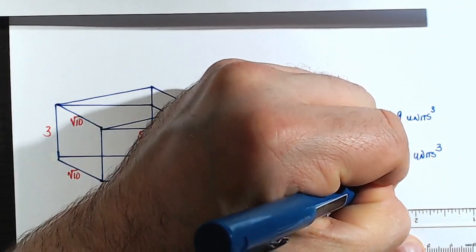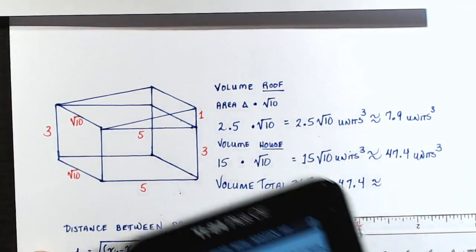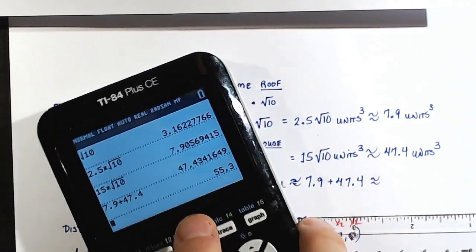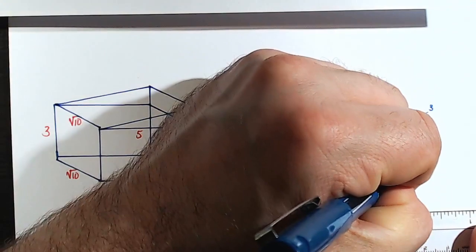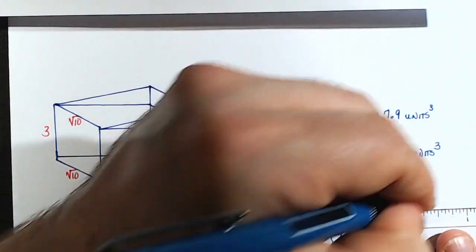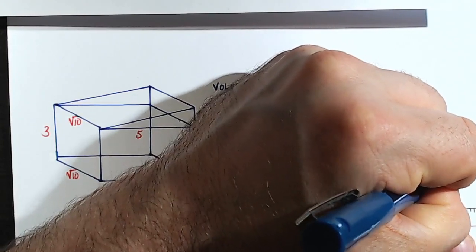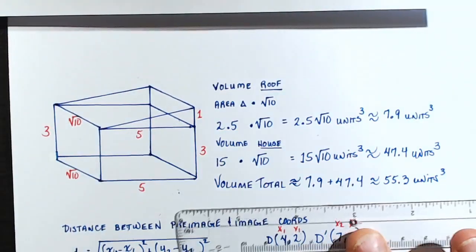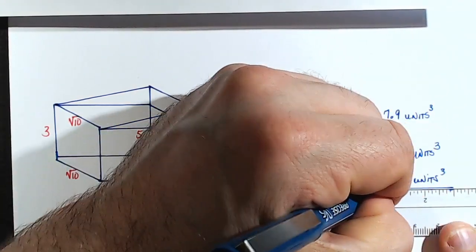And that would be approximately equal to 7.9 plus 47.4, 55.3 cubic units. Could be anything, could be meters, feet, right? So this is the answer.